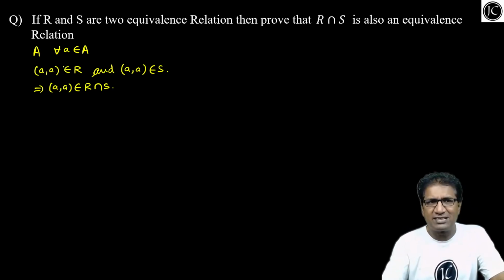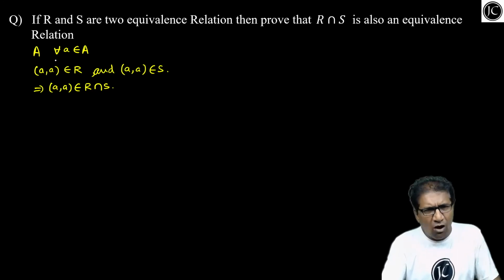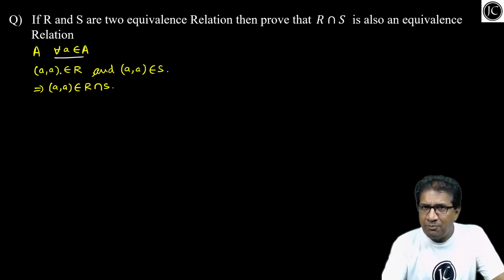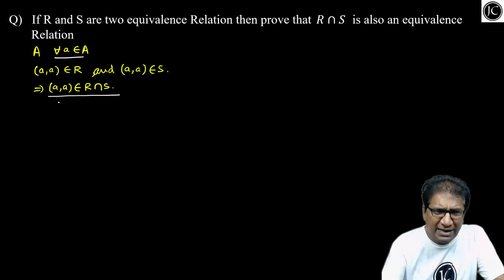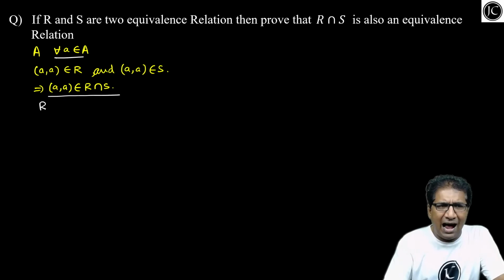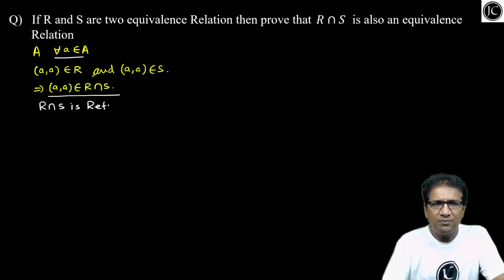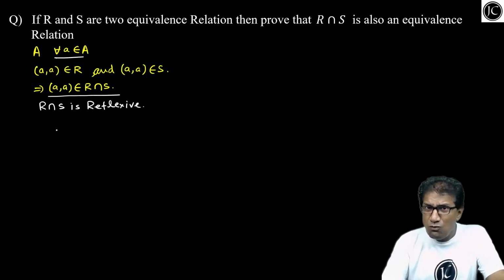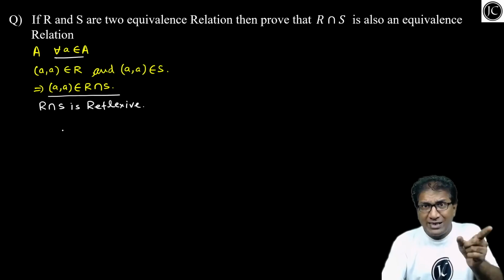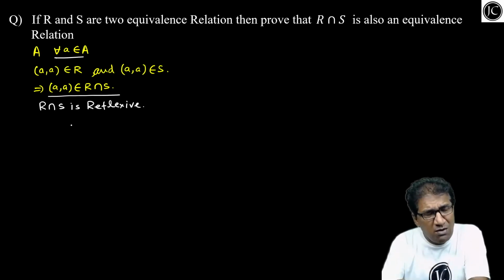So for all A belongs to capital A, we have proved that A comma A belongs to R intersection S. It means that R intersection S is reflexive.